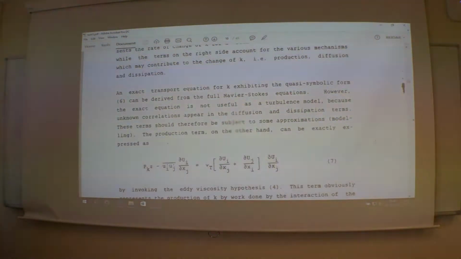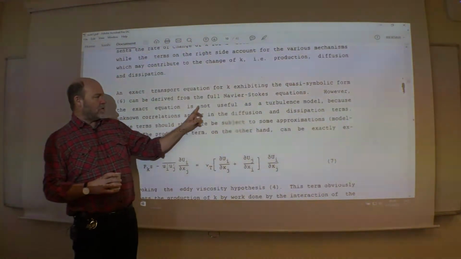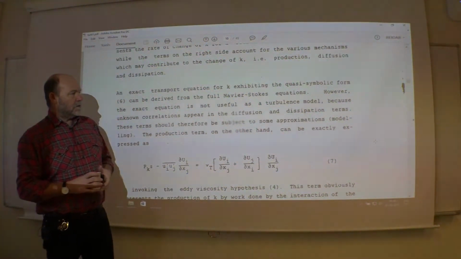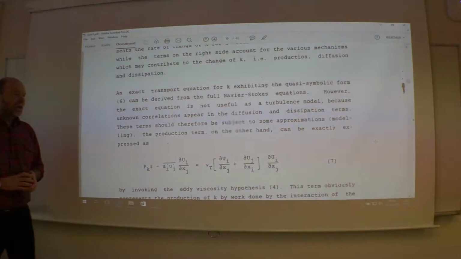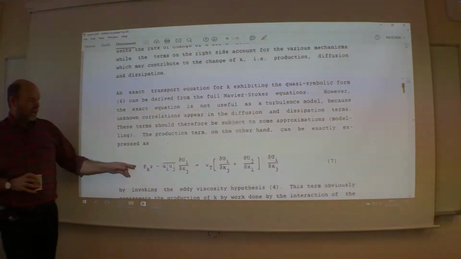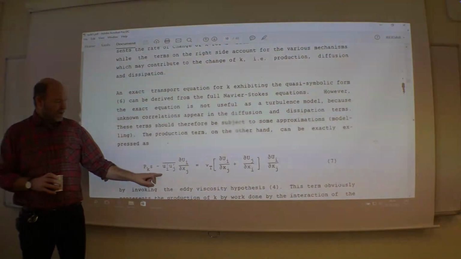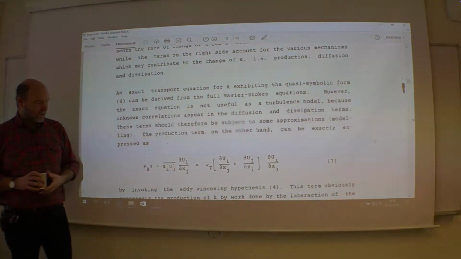So as it says, the exact transport equation for K is not something that's practically useful. You can't really do anything with it. The exception, you might say, is the production term. This is what it looks like, correct, just precise.